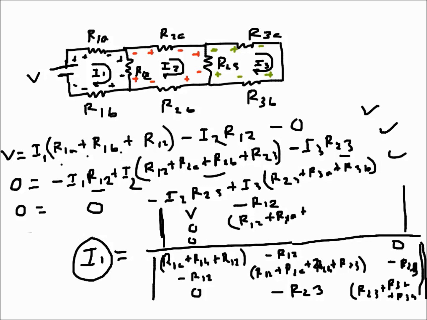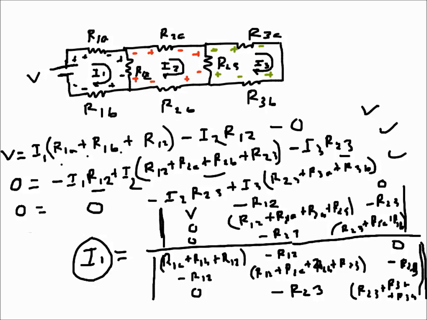R2A plus R2B plus R23, and there are four terms there, and this is R23 here, and then these two will be the same as the denominator. So anyway, R23 plus R3A plus R3B.